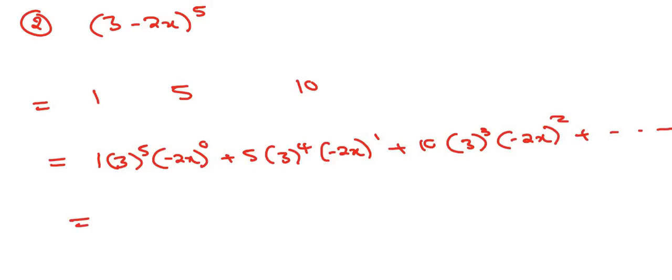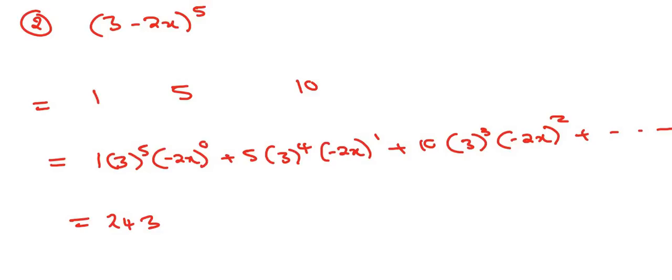We were supposed to continue, but we're not going to because we're interested only in the first 3 terms. So here we get 243, then plus, this is going to be minus because we have a negative and a positive there. This gives us 3 to the power 4, then by 5, then by 2.